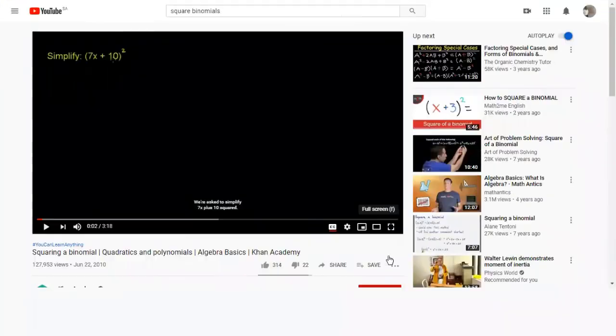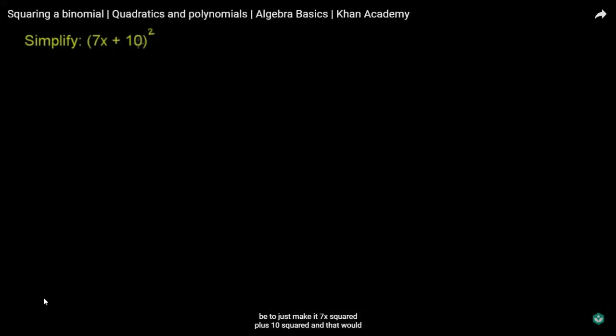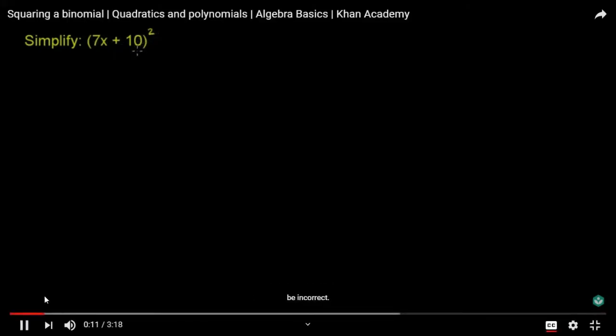Here is the example. You will see 7x plus 10 squared. Your temptation when you see something like this might be to make it 7x squared plus 10 squared, and that would be incorrect. Remember, when you're squaring something, you're multiplying it by itself. So it will be 7x plus 10 times 7x plus 10.